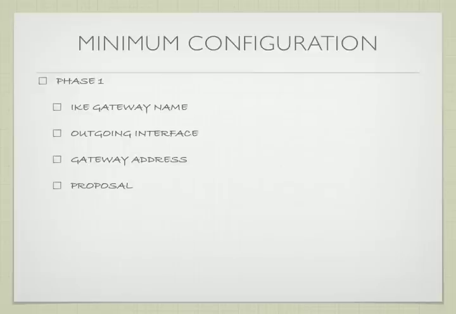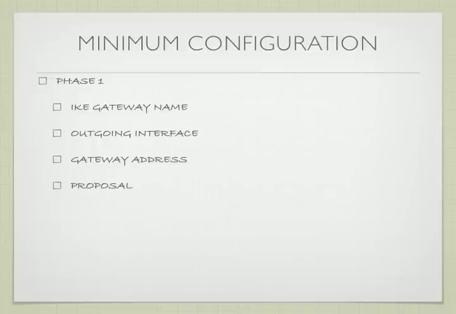You're going to need an address for that remote gateway, either an IP address or a DNS name. And you're going to need to know what parameters of the proposal you want to have for that connection. So you're going to go through all the options you have in policy proposals, and the remote site and your site are going to agree on what those settings need to be.